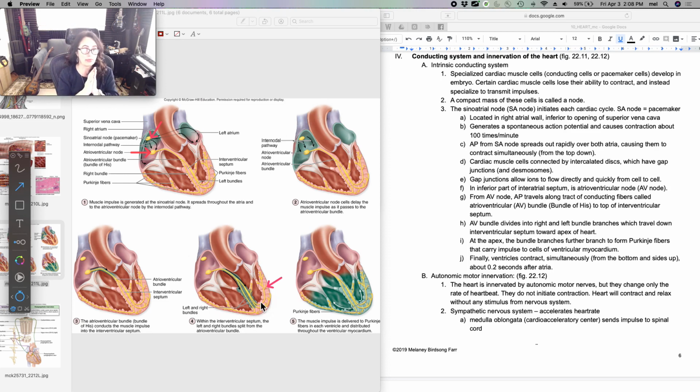And what's important about that is that the atria contract top down, right? And then the AV node gets the stimulus and sends it down the AV bundle, the left and right bundle branches, and then to the Purkinje fibers. So the ventricles contract bottom and sides up, which is good because, of course, that's where the valves are.